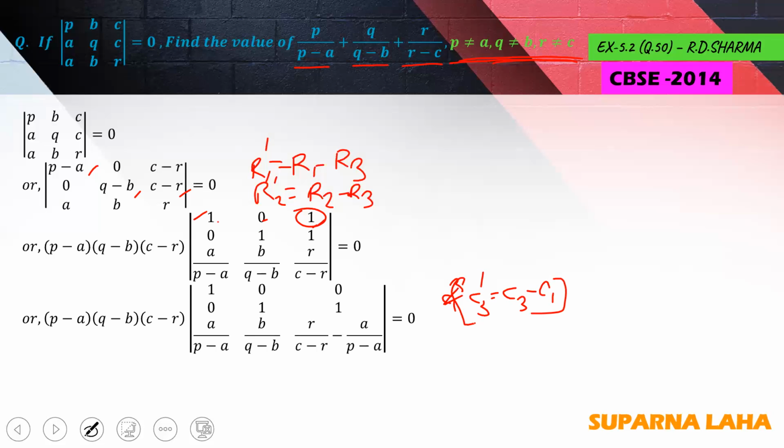Okay. So now look at that. Now you can break this determinant, this into this minus this into this. So write it down. Since this is non-zero, it's already given, so I'm not writing these factors again. I'm writing only the determinant value, that is r by c minus r, minus a by p minus a, minus of b by q minus b.